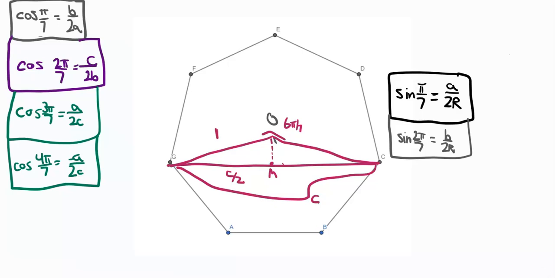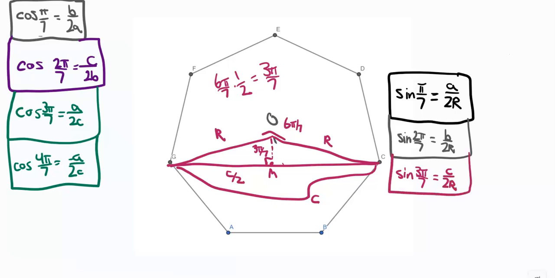And of course, the lengths coming off of O here, O to G and O to C, will be R because those are circumradii. The thing is, we have 6 pi over 7 as the vertex here, so half of that, 6 pi over 7 times 1/2, is equal to 3 pi over 7. So the sine of 3 pi over 7 is equal to C over 2R.